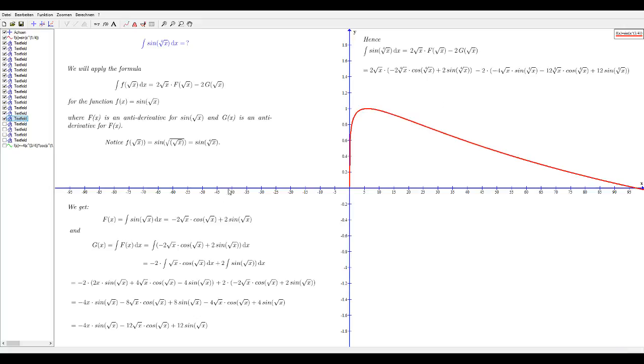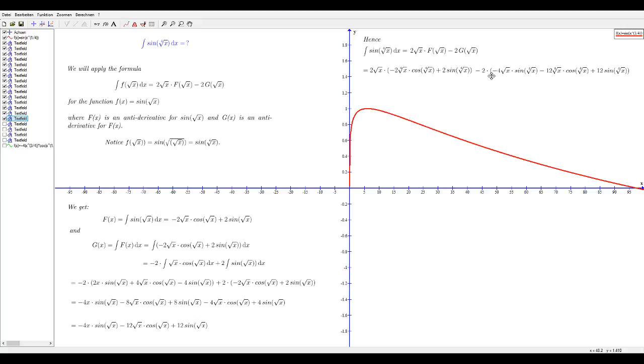And this will mean that this square root of x will now become a fourth root of x, and the same thing happens to all the other square roots here. They become fourth roots, and you have to multiply by 2 square root of x here, which is exactly happening here. 2 square root of x times that, and then there comes a minus 2 capital G of square root of x.